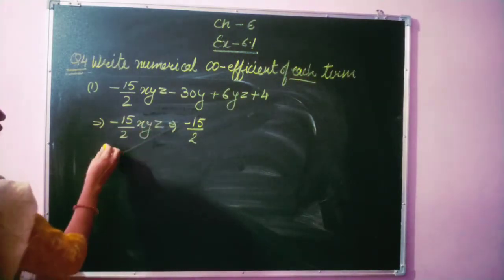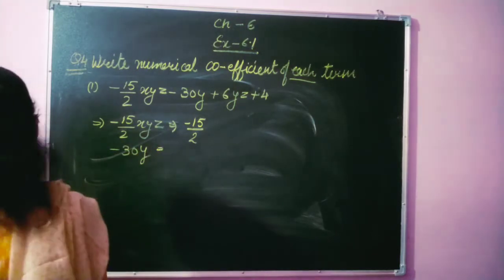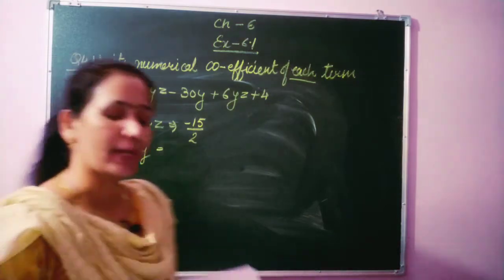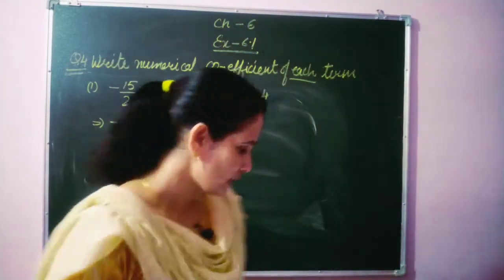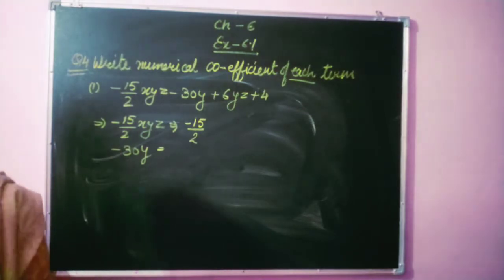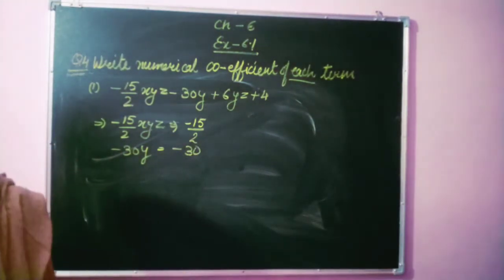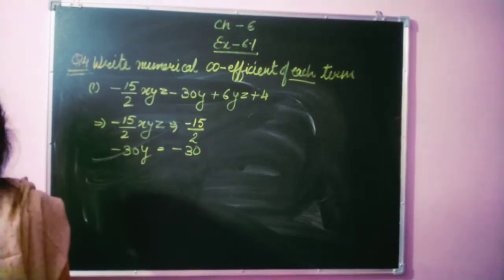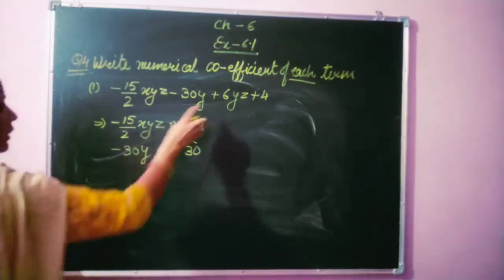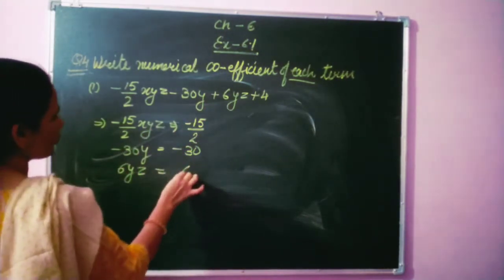Then the next term is minus 30y and its numerical coefficient is minus 30. Third one is 6xyz, and its numerical coefficient is 6.